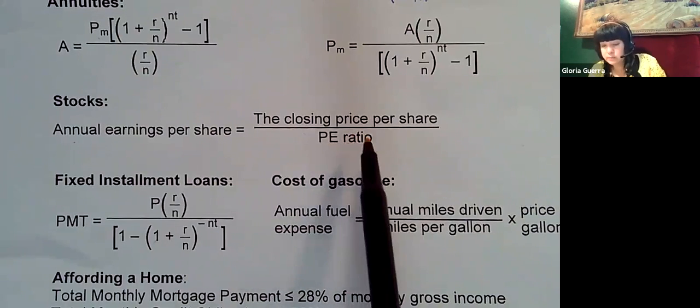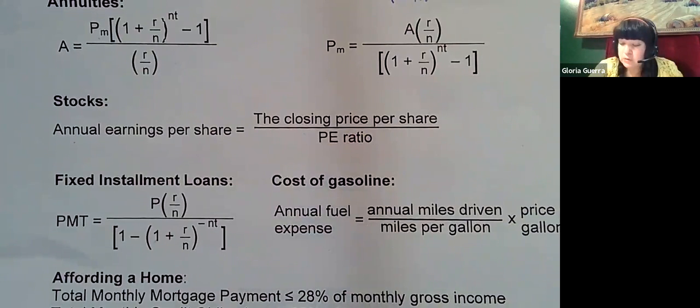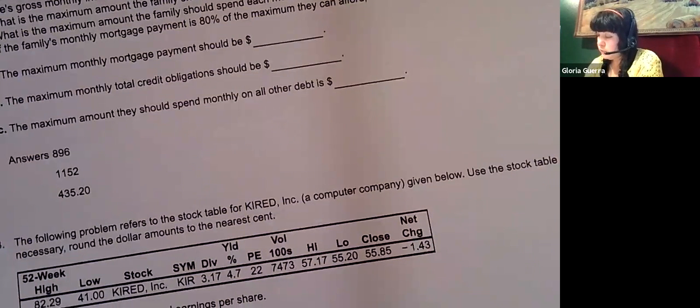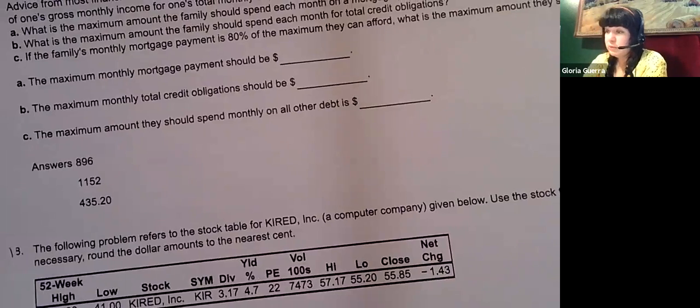Okay, and the PE ratio stands for price to earnings. The price to earnings ratio. Okay, so on 18, let's do that. Let me write down the formula.